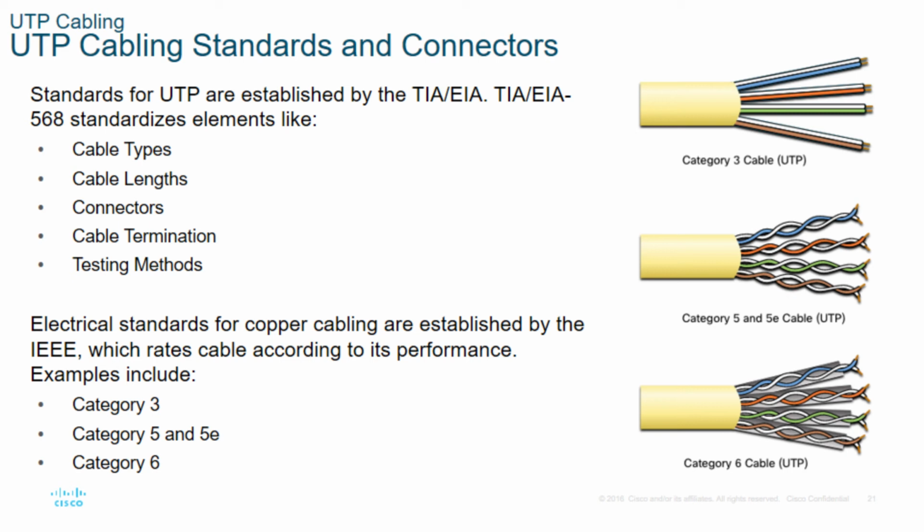Category 6 has an added separator between each wire pair to support higher speeds, and category 6 supports up to 10 gigabits. Finally, category 7 also supports 10 gigabits and category 8 supports 40 gigabits.